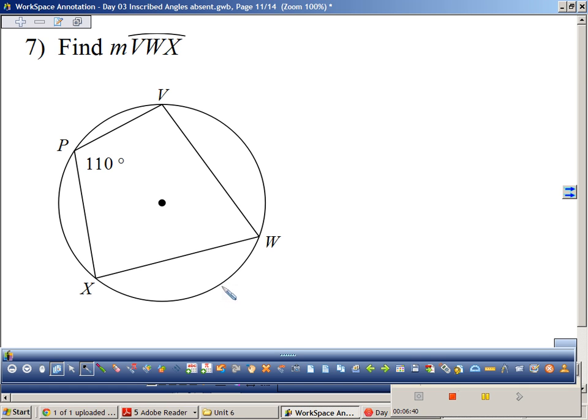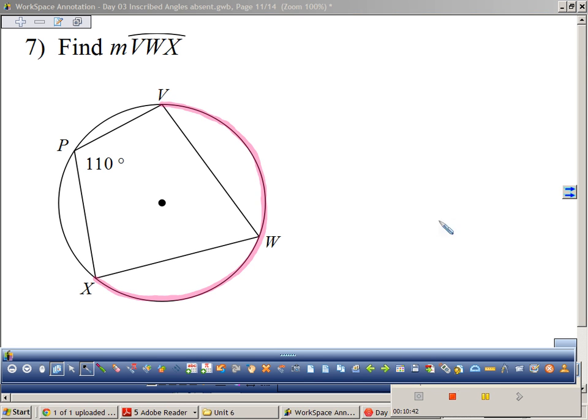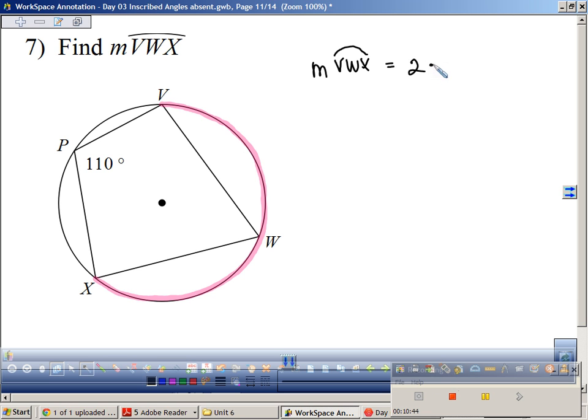I'll do number 7 for you. So this time we're going to find the measure of this major arc. So I'm going to highlight it. The measure of VWX. Well, we know that the measure of major arc VWX has to be twice as big as that inscribed angle.